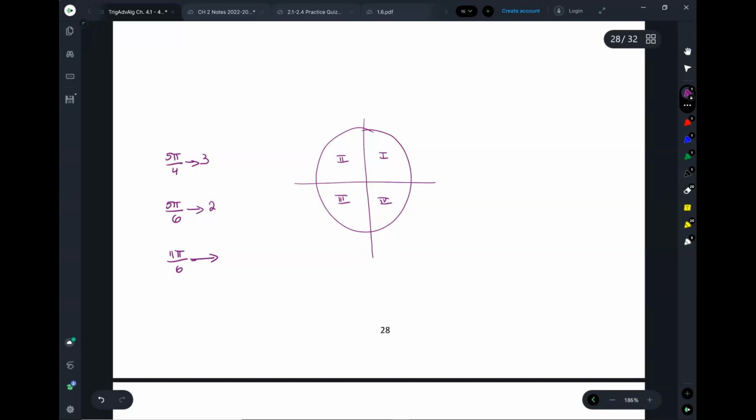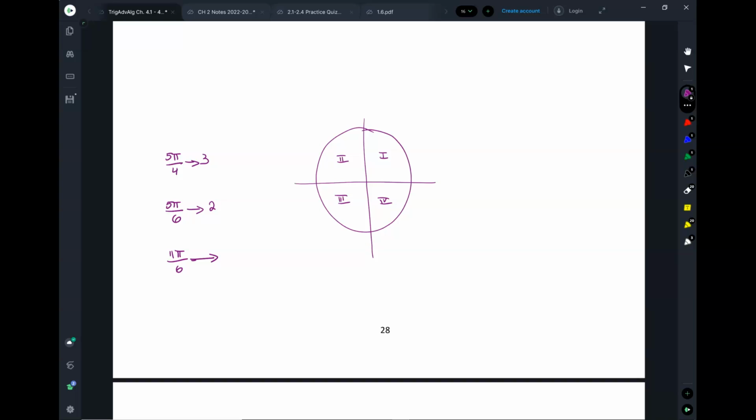Let's think about which quadrant 11 pi over 6 would be in. Who says 1? Who says 2? These are all going to be within one cycle.